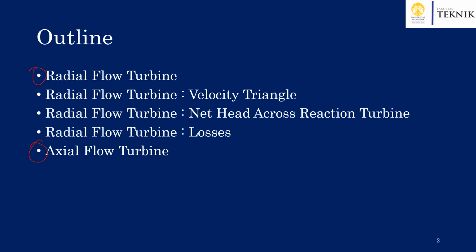So to represent the radial flow turbines, we will be taking a sample from the Francis turbine. And as for the axial flow turbine, we are going to talk about the Kaplan turbine. So between these two turbines, of course, we are going to talk about the velocity triangle, the net head across the reaction turbine, and the turbine losses as well.